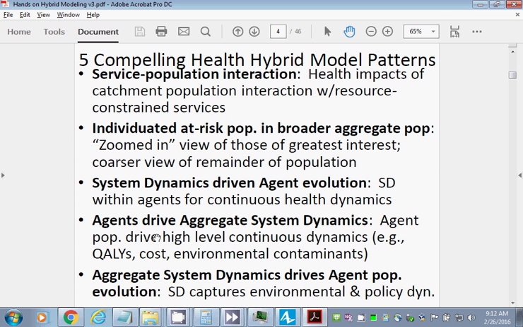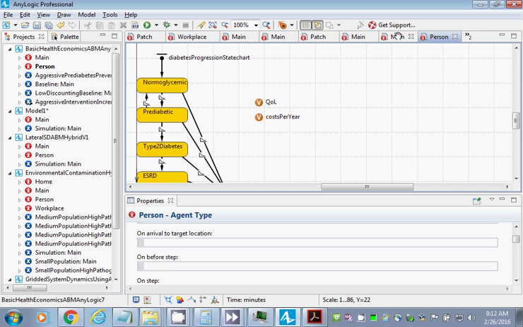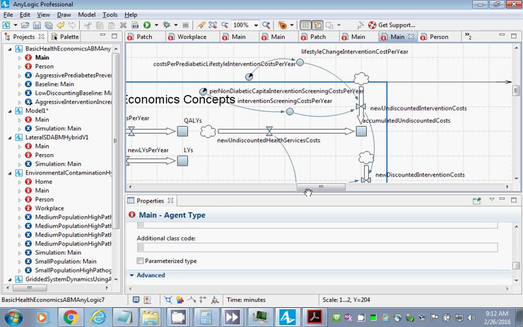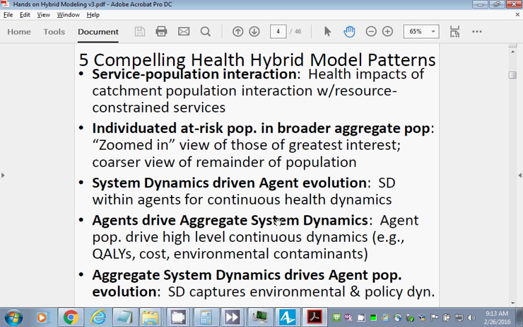And then finally, I don't have a good example to show at the moment, but here system dynamics captures at the higher level things like environmental and policy dynamics, and that affects in turn the agents. So there's some dynamics in the environment that affects agents.